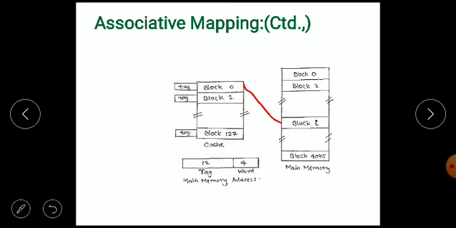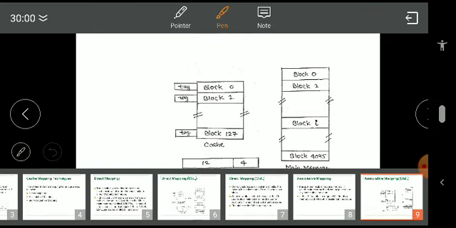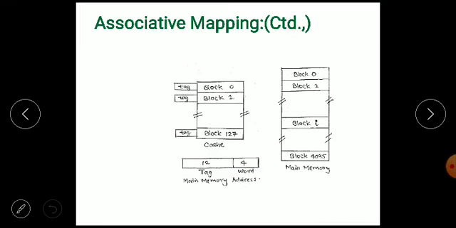It can be stored in block 0, or block 1, or block 2, or block 3, or in the last block, block 127. So there is no restriction. If you want to move block 0 to the cache memory, it can be placed in any of the 128 blocks in the cache memory. So that is fully associative mapping.